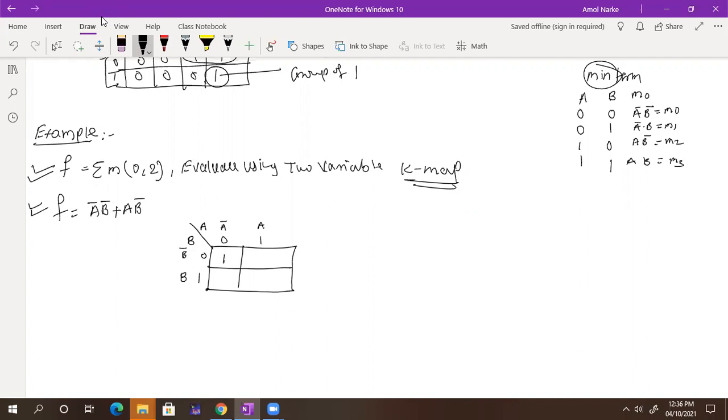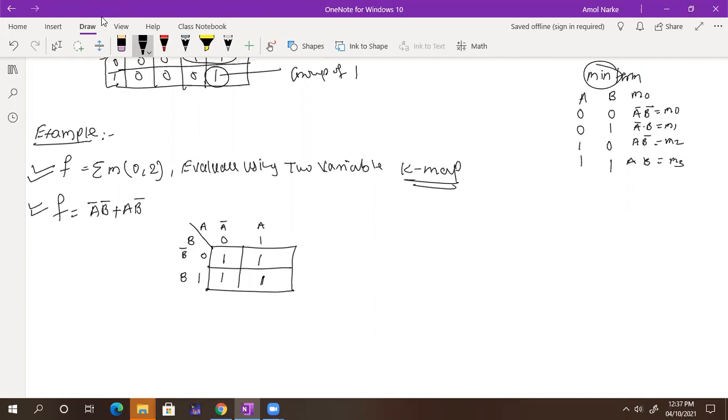Here A is 1 and B complement is 1, so you will get 1. Here you will get 1.